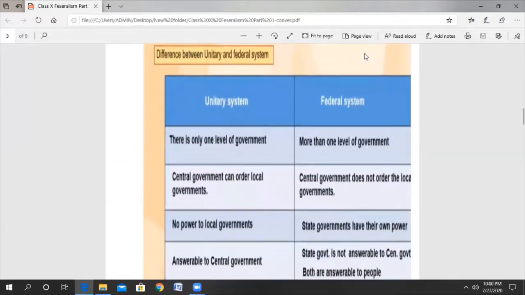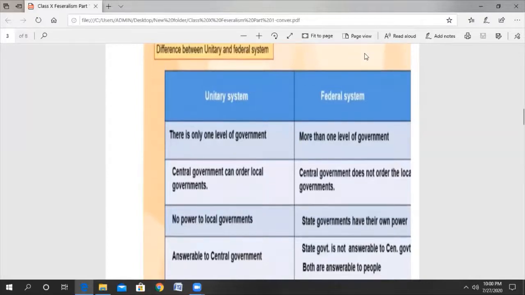Let's analyze the difference between unitary and federal forms of government. First, the foremost point: in a unitary form of government, there will be only one level of government.